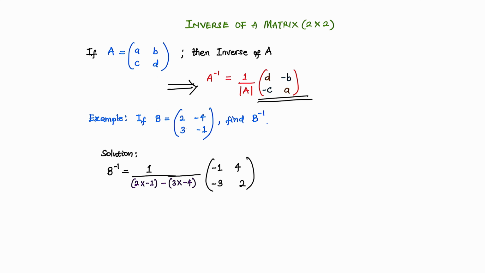Next thing we need to do is simplify. So B inverse equals 1 divided by 2 times -1 will give us -2. Then minus 3 times -4 will give us -12. Then the elements -1, -3, 4, and 2.